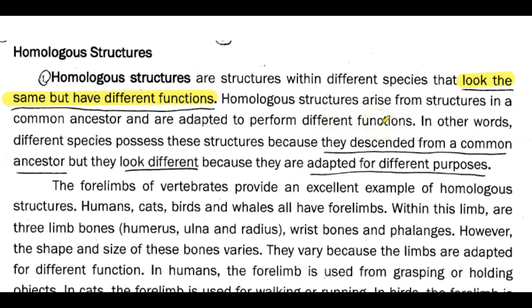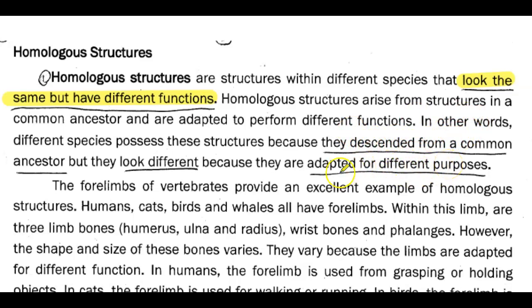In other words, different species possess these structures because they descended from a common ancestor, but today they look different because they're adapted for different purposes. So they came from the same materials, but today they're used for different jobs.